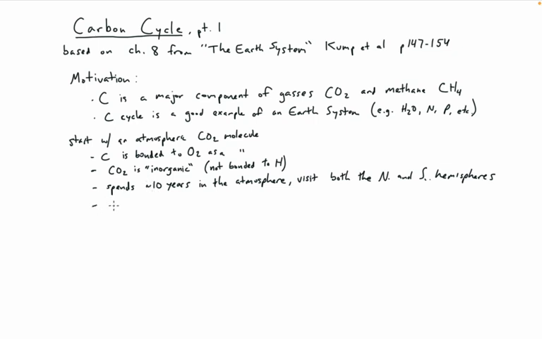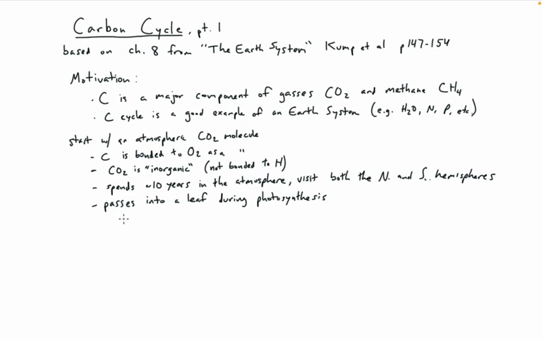And then this atom that we're following passes into a leaf during photosynthesis. It's daylight, and the plant absorbs the carbon dioxide in its leaf.